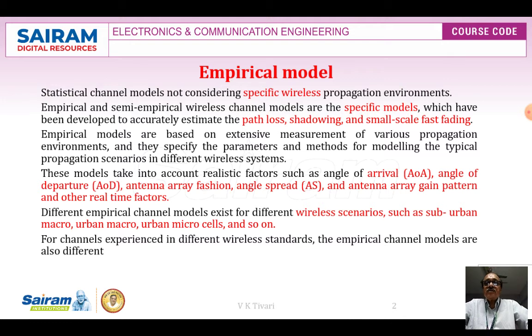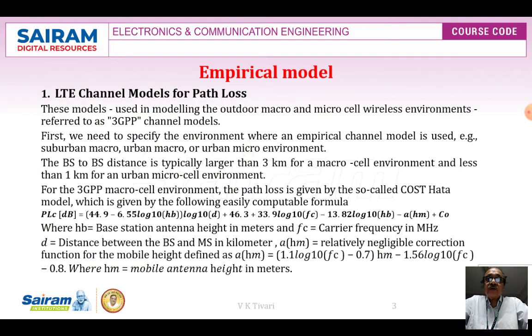Different empirical channel models exist for different wireless scenarios. Wireless is mainly considered in suburban macro, urban macro, and urban micro cells, and so on. The channels experience differs, so for different wireless standards the empirical channel models are also different.